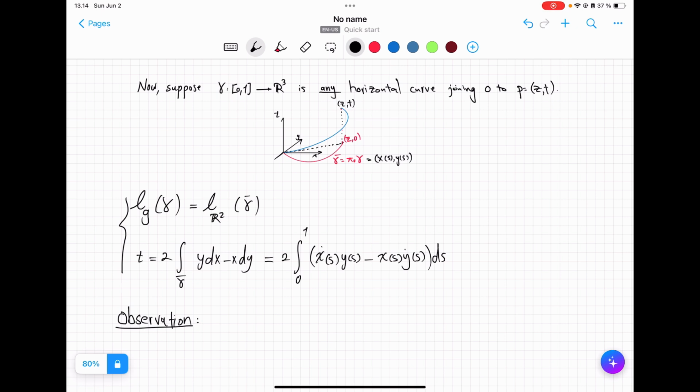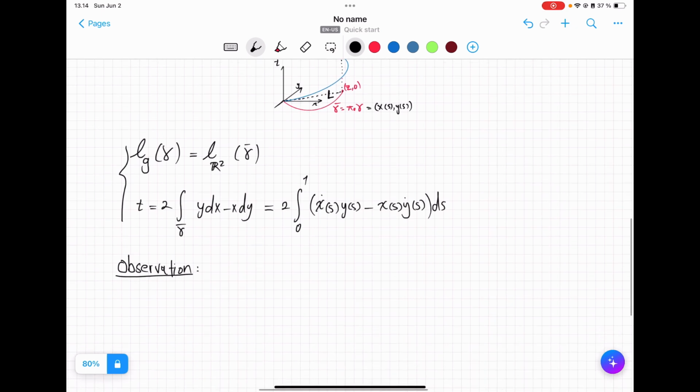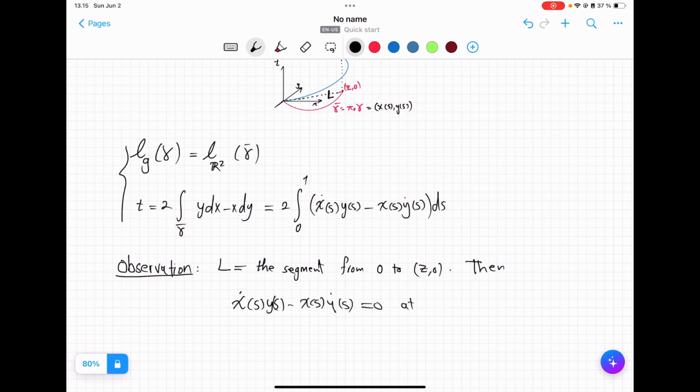Look at the line segment joining the origin to z, 0. Let L be, say, an arc length parameterization of the curve that traces the segment in the plane, just Euclidean stuff, from origin to z and 0, the projection of point P. Then it's easy to see that x prime of s y of s minus x of s y prime of s is 0 at every s.